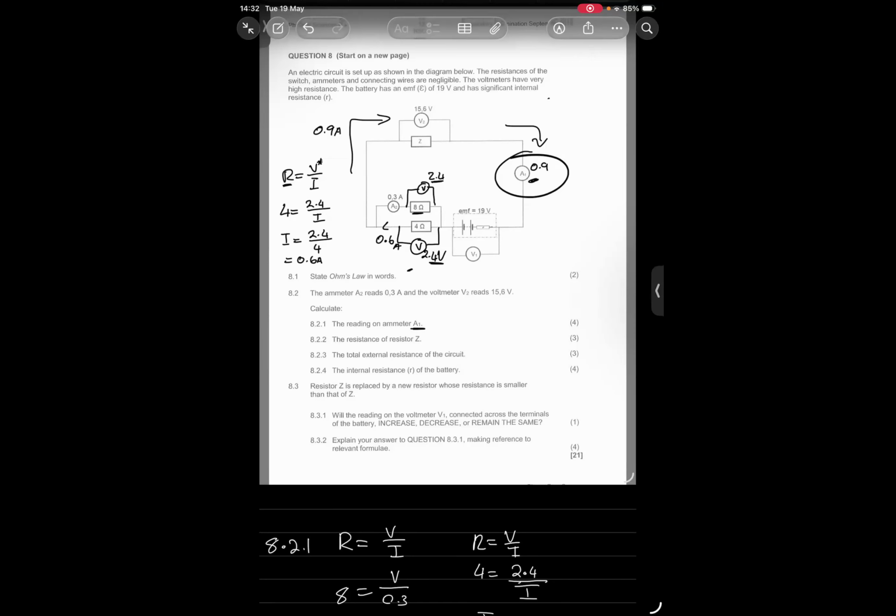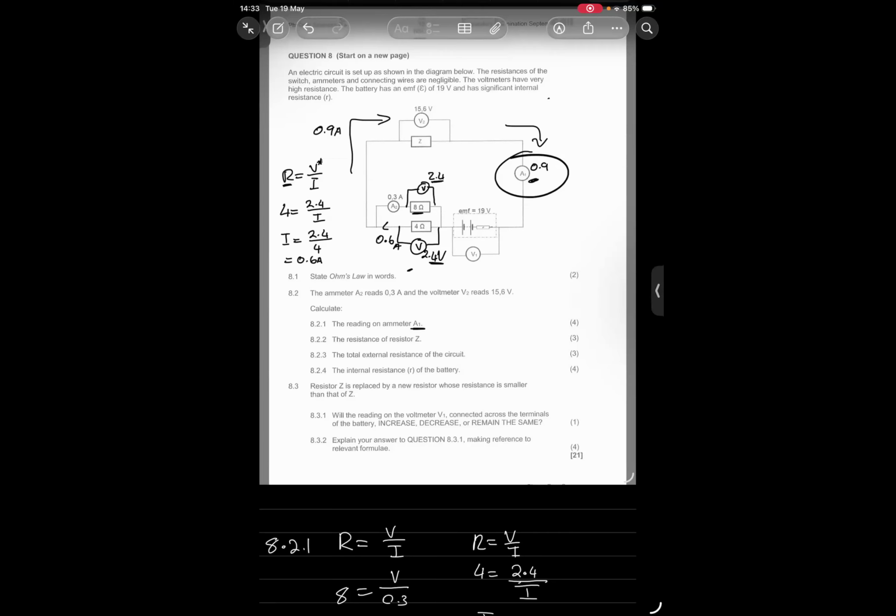Because the resistance decreases, it is smaller, and the external resistance decreases. Yes, I agree.